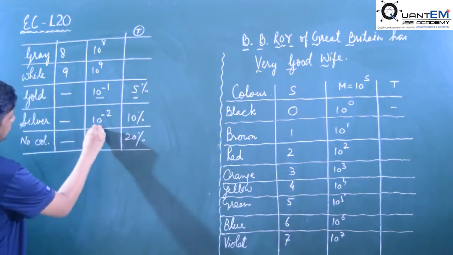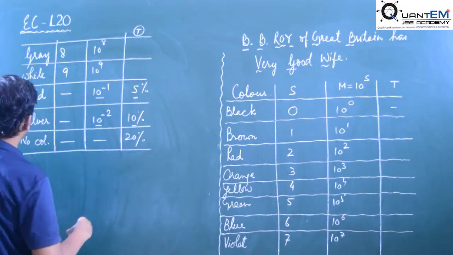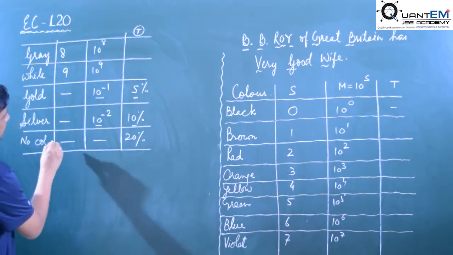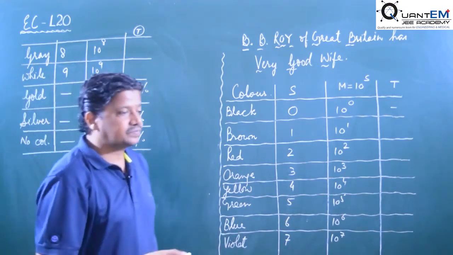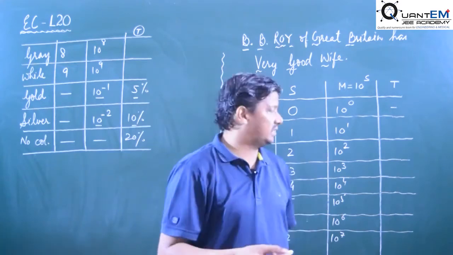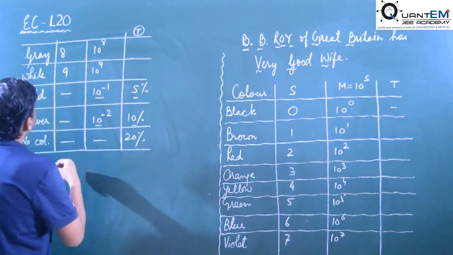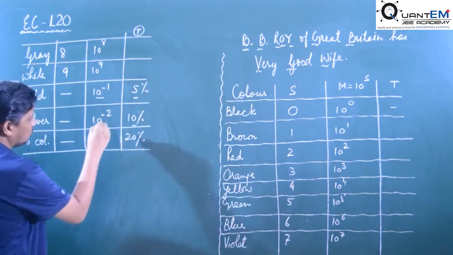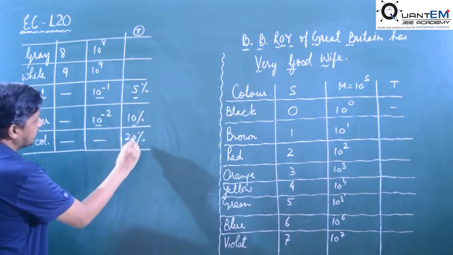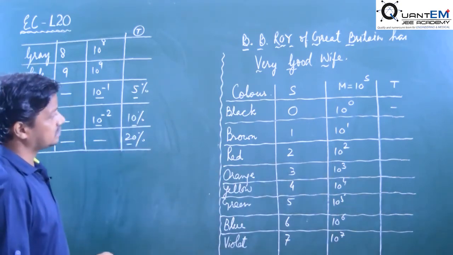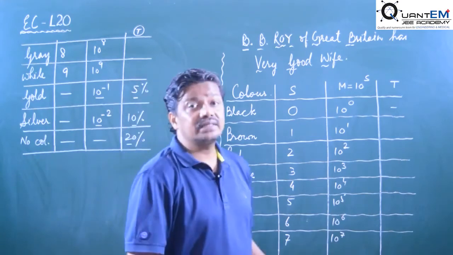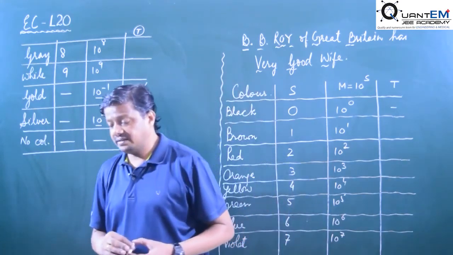Silver, multiplier 10⁻², tolerance is 10%. And for no color, the fourth line may be absent in the resistor. So no significant, no multiplier, only tolerance is there, and that is 20%. Tolerance is always taken with positive and negative sign.